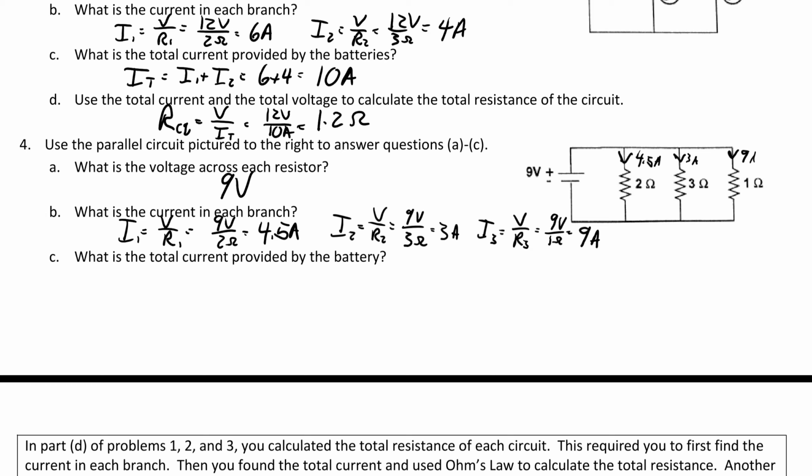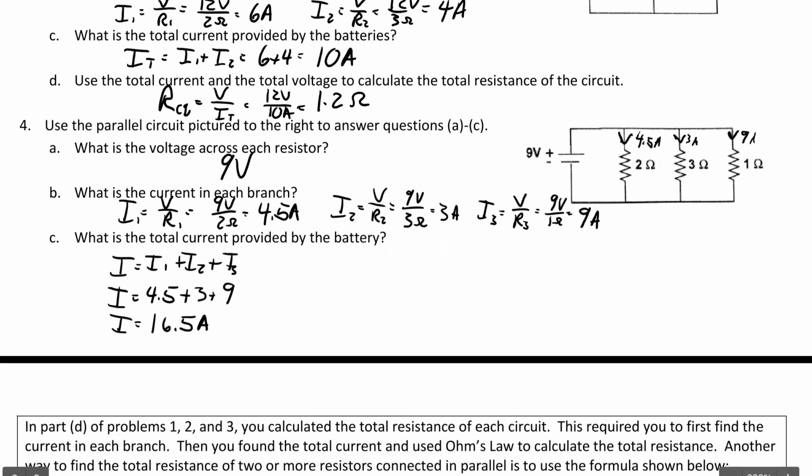So now the total current is going to be 9 plus 3, so that's 12, plus 4.5, that's going to be 16.5. So we have I is equal to I1 plus I2 plus I3. You plug it in, and you get the current is equal to 16.5 amps.